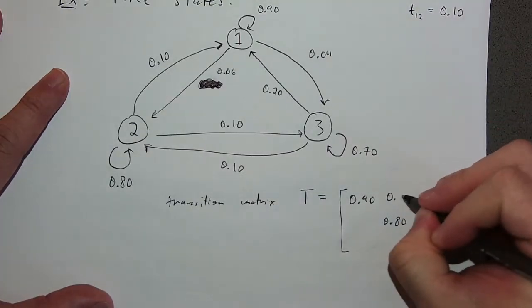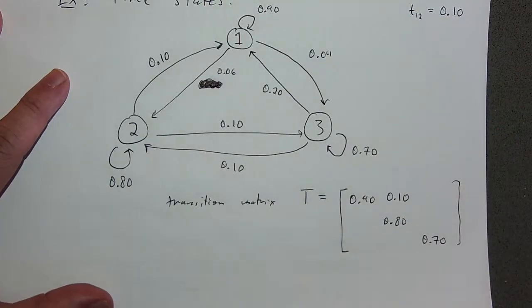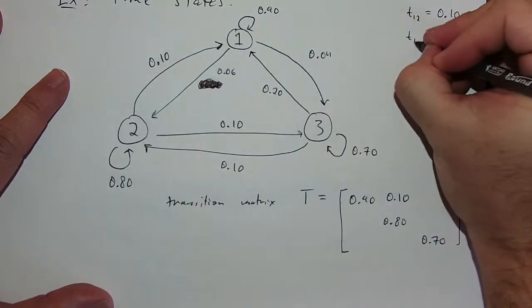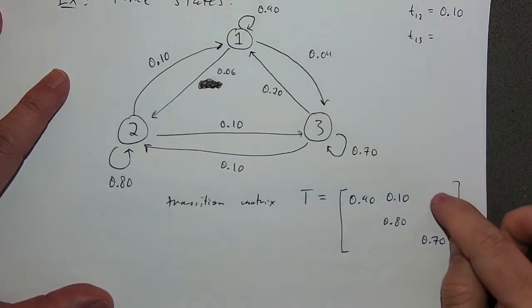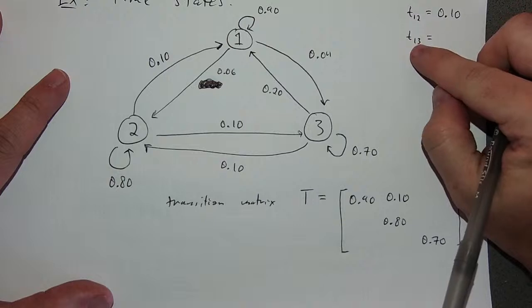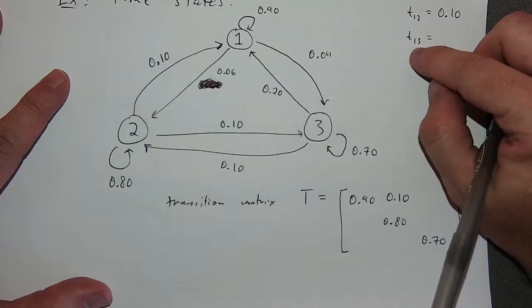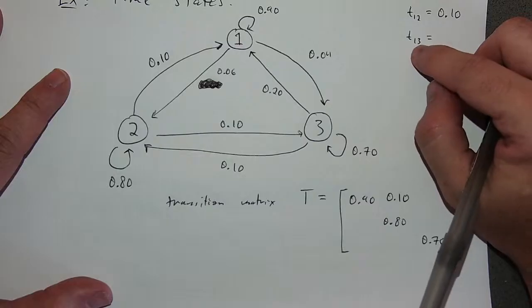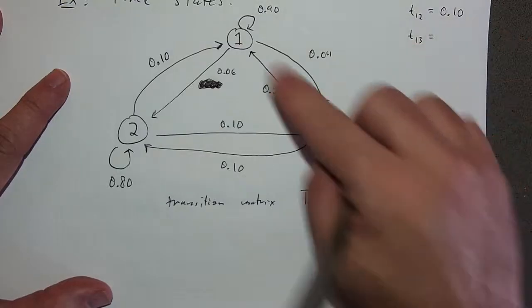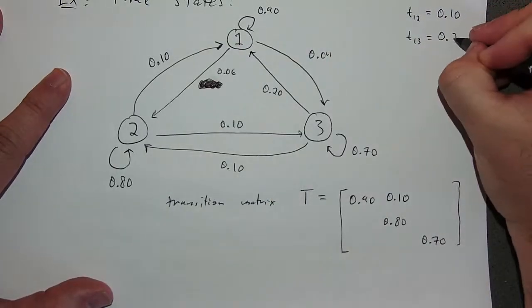So what about the T sub 1,3 entry? That's the proportion of people that move from state 3 to state 1 in a single iteration. So from state 3 to state 1, that's 0.20.